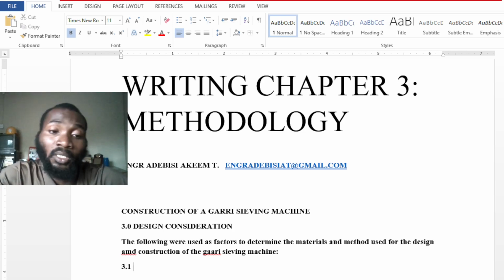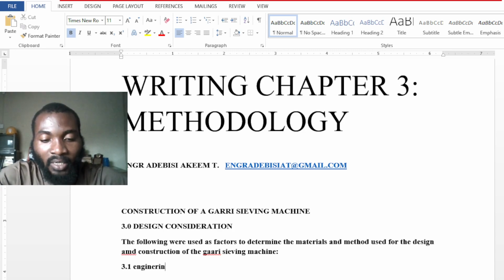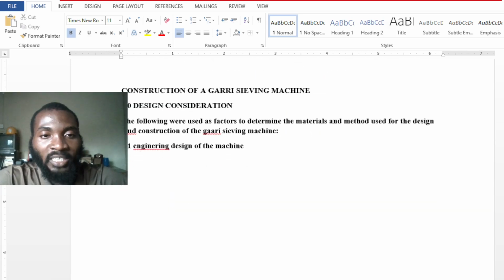3.1 can be, say, the visual design, engineering design of the machine. As you already know, in engineering, before we manufacture something, we need to design it.